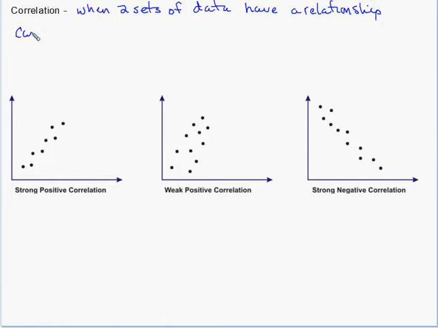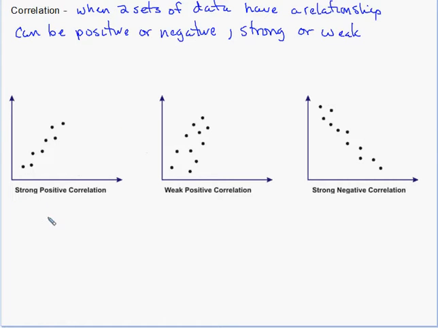And it can be positive or negative, and it can be strong or weak. Now the closer we see the dots to each other, the stronger the relationship is. If the dots are spread out, it's weak. If the dots are closer to being a line, it's strong.